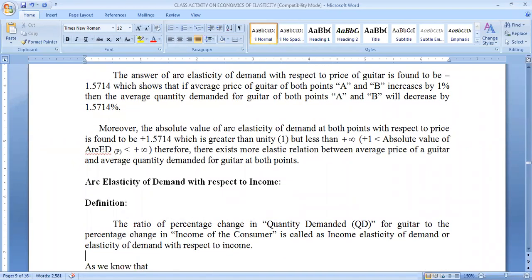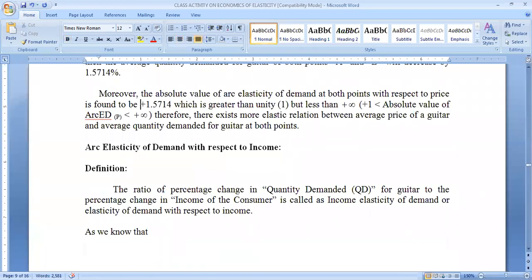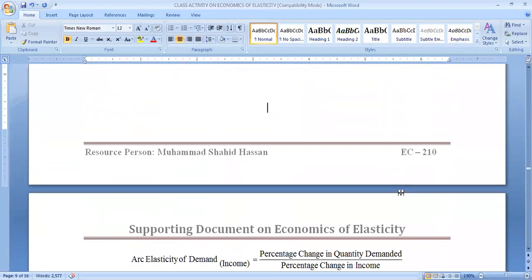So now let's define arc elasticity of demand with respect to income. The definition is: the ratio of percentage change in quantity demanded for guitar to the percentage change in income of the consumer is called arc elasticity of demand with respect to income.